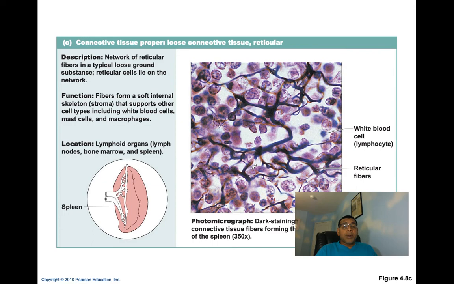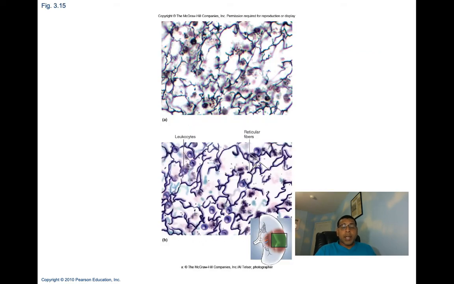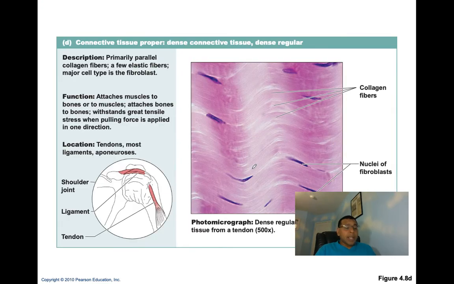Next, then, let's check out our dense connective tissue. Now, when we talk dense connective tissue, the first type we have here is dense regular connective tissue. Dense regular connective tissue is described as being a connective tissue that has basically a parallel arrangement of collagen fibers.